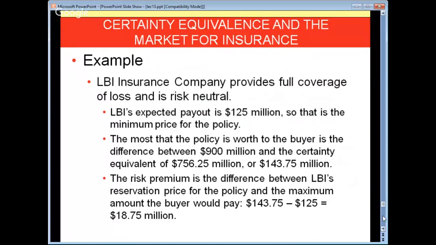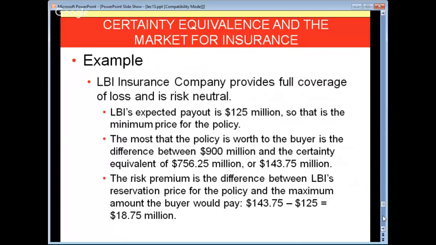LBI's expected payoff is $125 million, so the minimum price for the policy would be $125 million. The most that the policy is worth to the buyer is the difference between the face value, $900 million, and the certainty equivalent of $756.25 million.